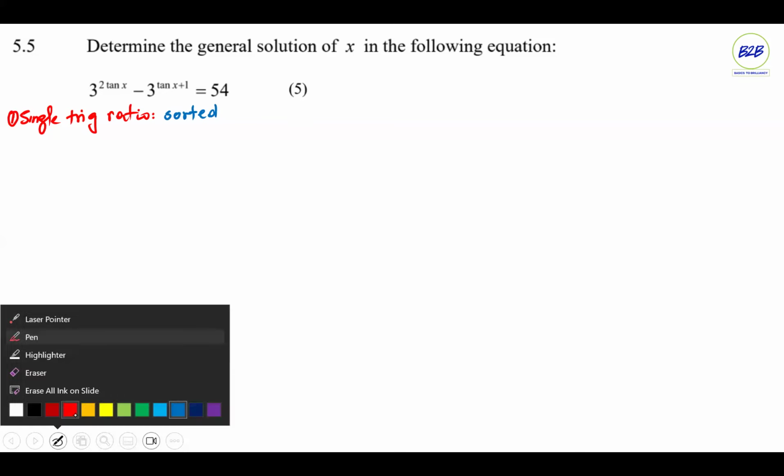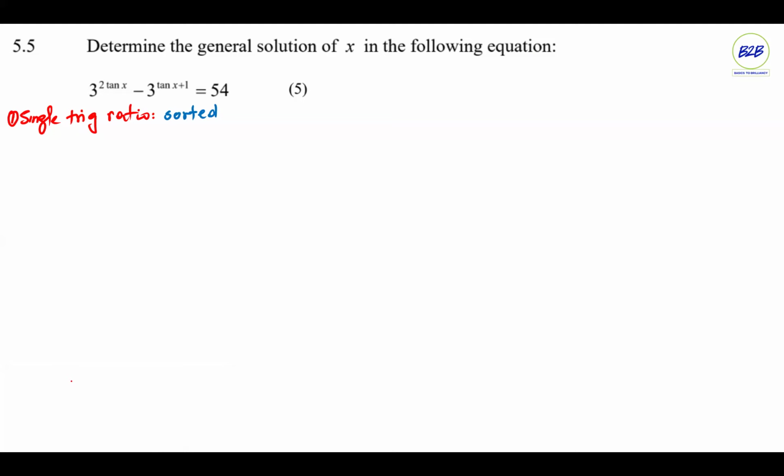So we don't have an issue with the trigonometric ratio. Then let us go therefore into our second step, which is to express that trigonometric ratio, which is tan, as the subject of the equation. So that is what we want to achieve now.